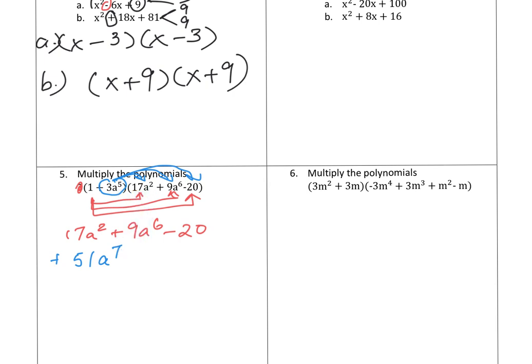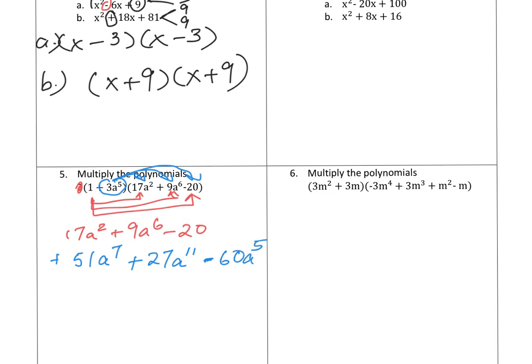Then plus 3 times 9 is 27. And this will give me a to the 11th power, because a to the 5th times a to the 6th, we add the exponents again. And the last one will have negative 60a to the 5th.